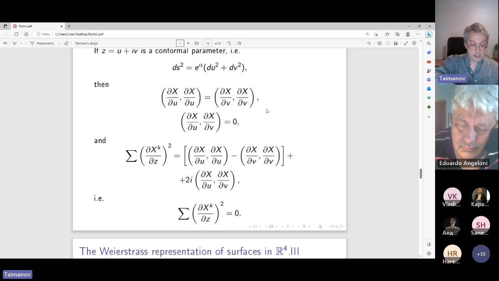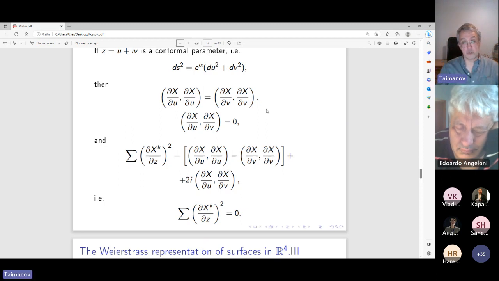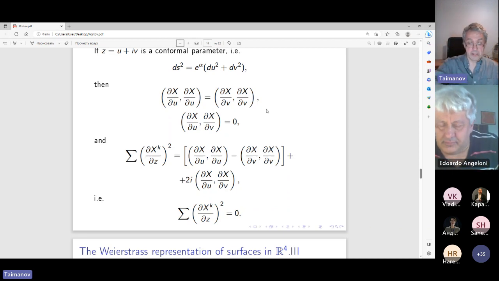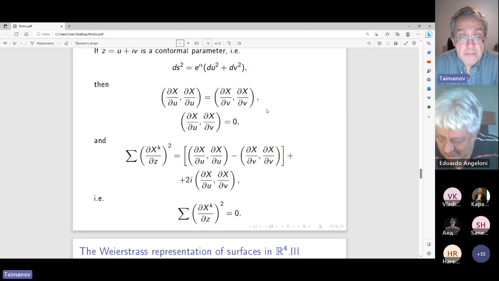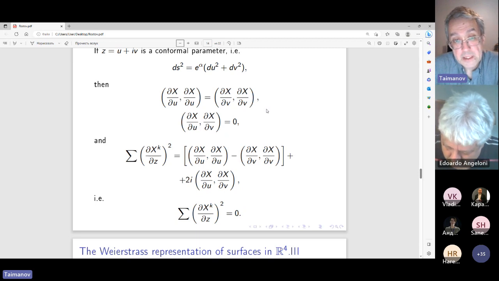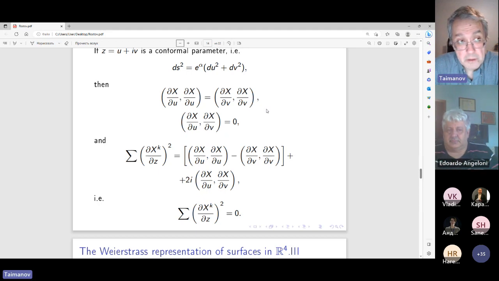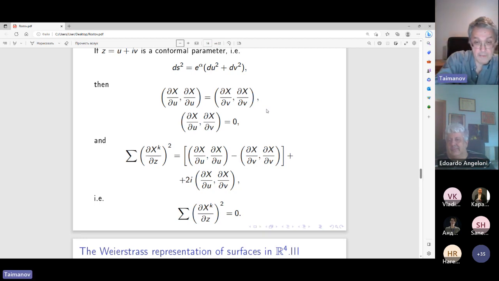Now we can rescale the coordinates u and v by some constant and rotate this tangent plane. In terms of the vectors dx_u, dx_v, it means that we can multiply the vector dx/dz by some non-vanishing complex number. The derivatives of x with respect to z define the tangent plane, but not all of them define the same plane.